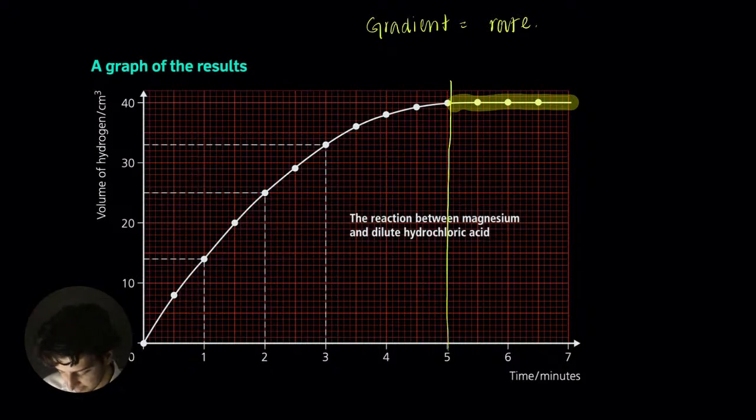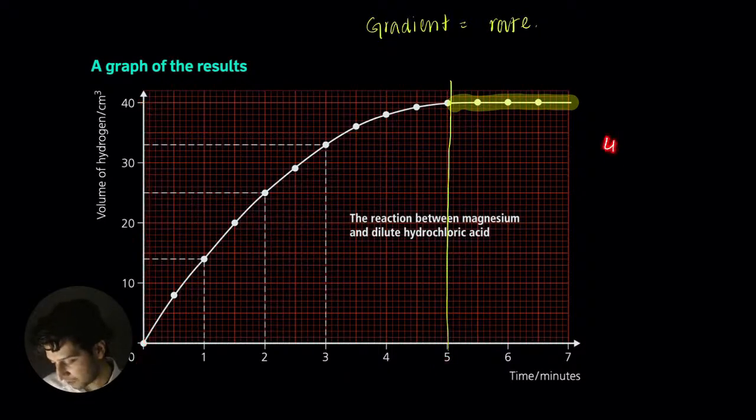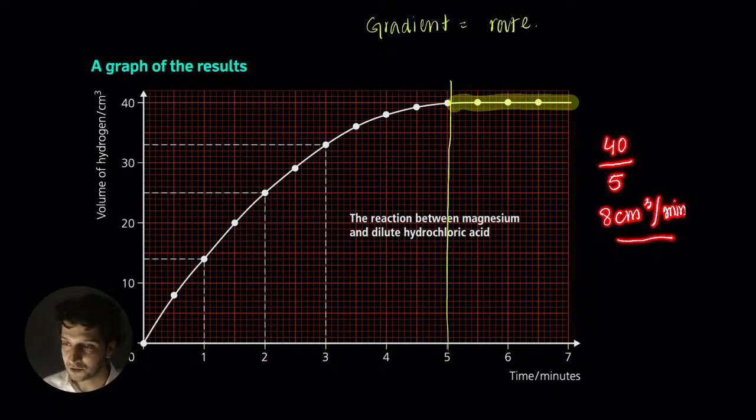What you will say is the total volume of hydrogen produced is 40, and this was produced in 5 minutes. So you'll say the average rate of reaction would be 40 over 5, or 8 centimeter cube per minute. The average rate of reaction.